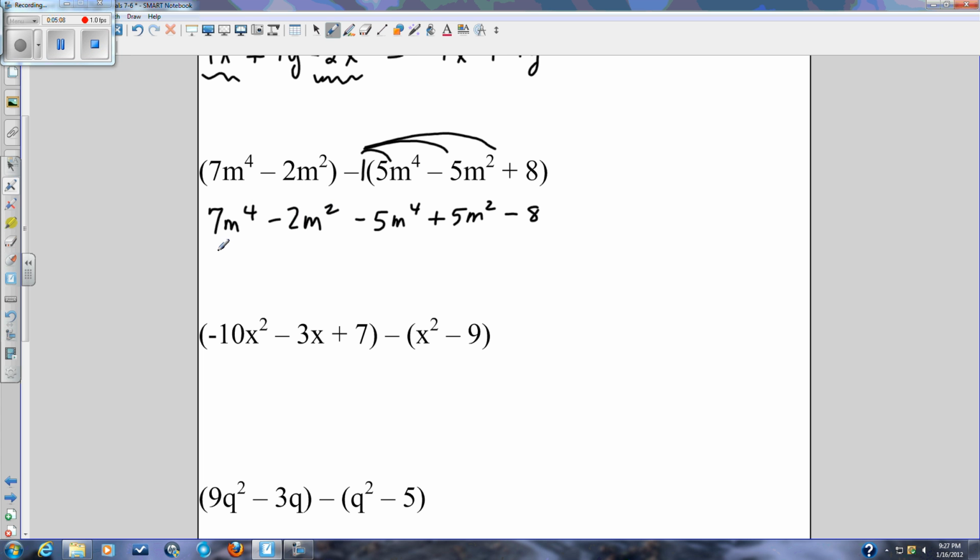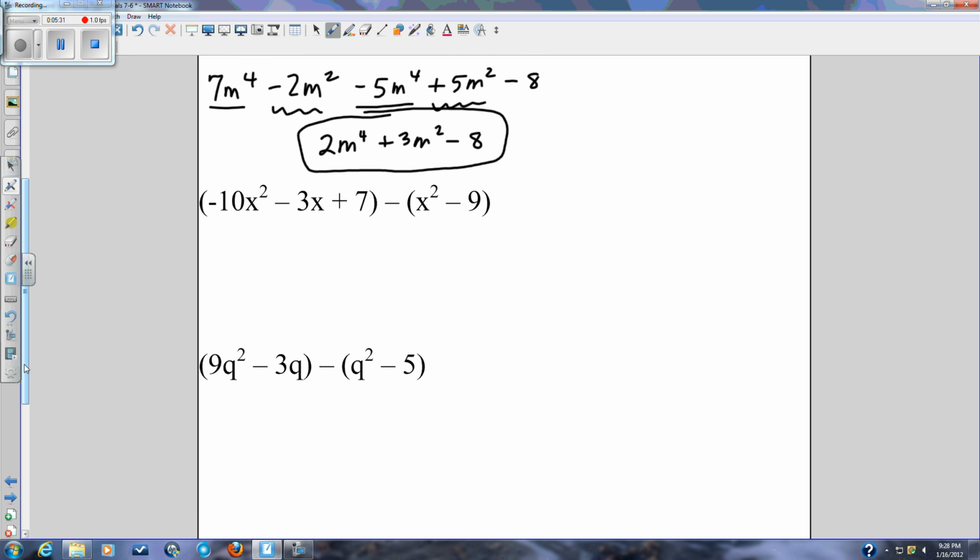Combine your like terms, so we have 7m to the fourth minus 5m to the fourth. That gives you 2m to the fourth. Negative 2m squared plus 5m squared gives you positive 3m squared, and now you just have your minus 8. So 2m to the fourth plus 3m squared minus 8.